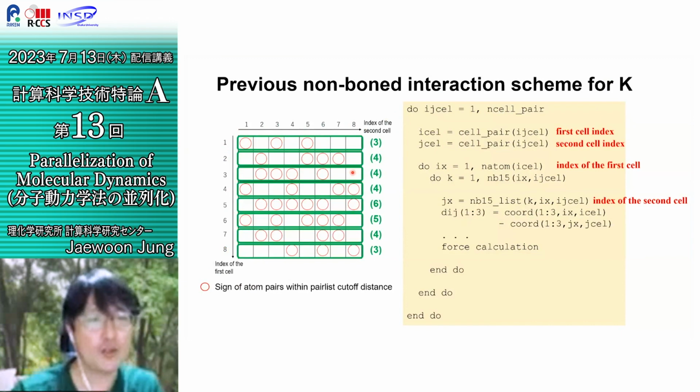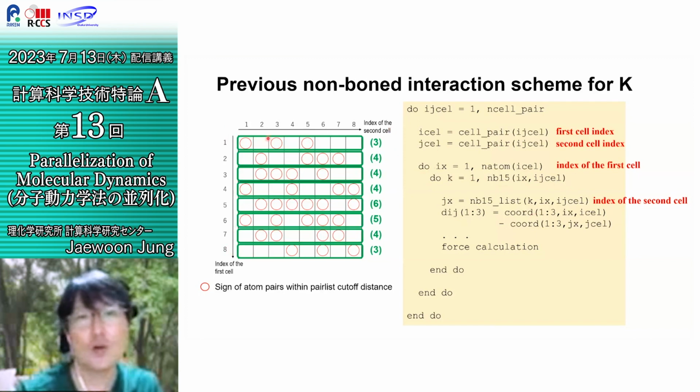For every cell pair, we first take an atom index of the first cell, like 1, 2, 3, 4, 5, 6, 7, 8, and then we check the atom indices in the second cell.